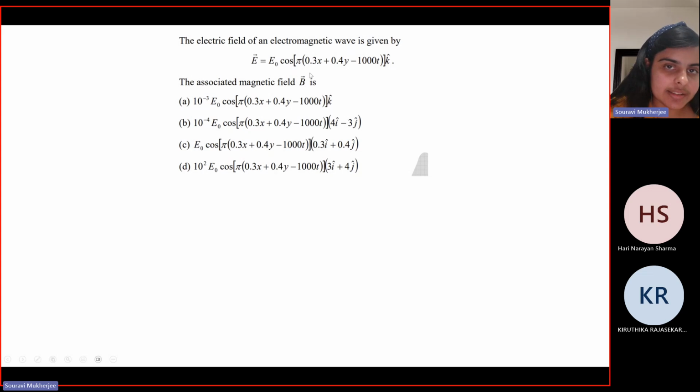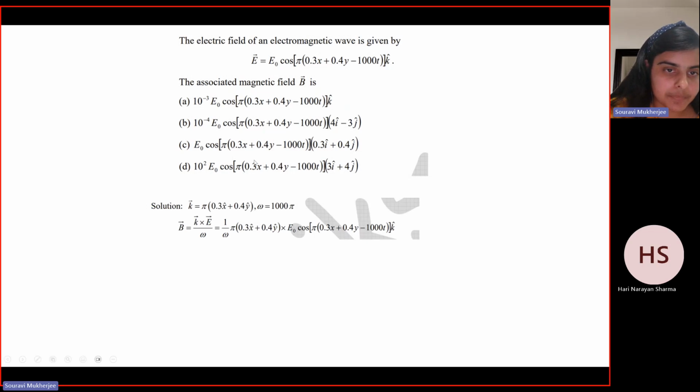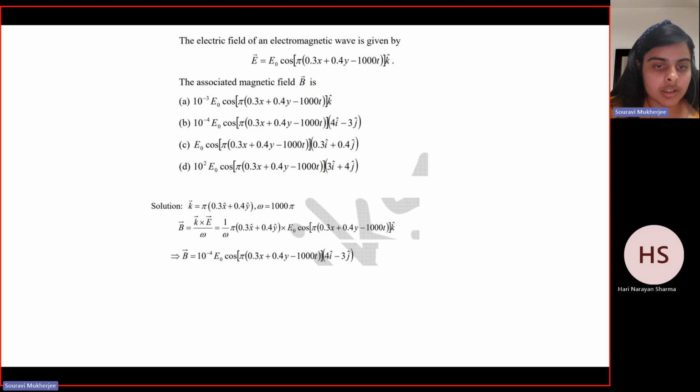The term 0.3 pi x plus 0.4 pi y is nothing but k dot r. So this is your k vector and this is your omega. Now you can directly use this relation to find your magnetic field, and this is how the magnetic field will look.